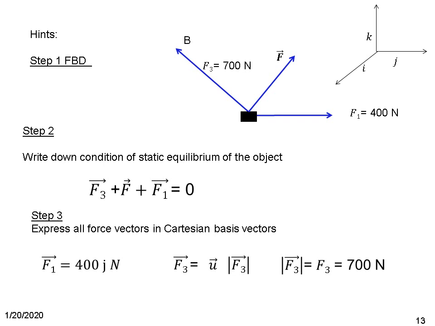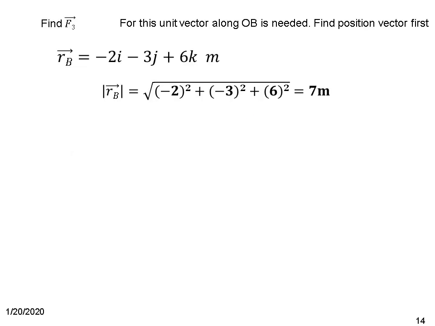However, for force vector F3, the direction u is needed because only the magnitude is given. In order to find the unit vector along the direction of F3, we can use the position vector and its magnitude, because the position vector divided by the magnitude gives the unit vector.